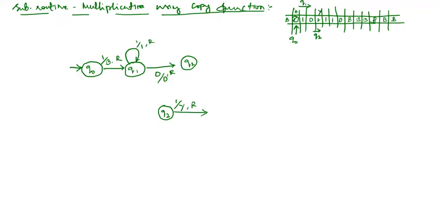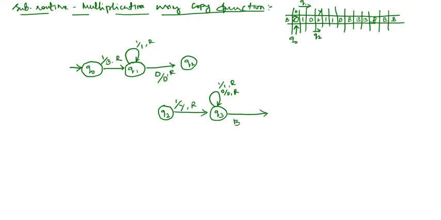And I will be searching for the b. So in between I can read any number of ones or zeros, keep them the same and move until I read a b.